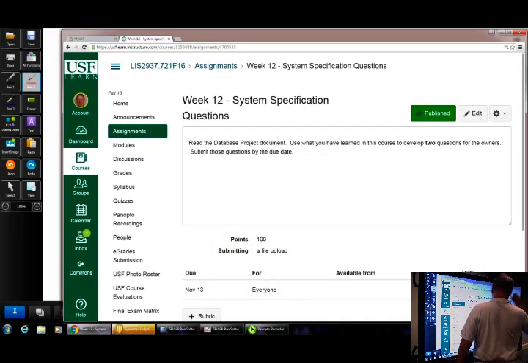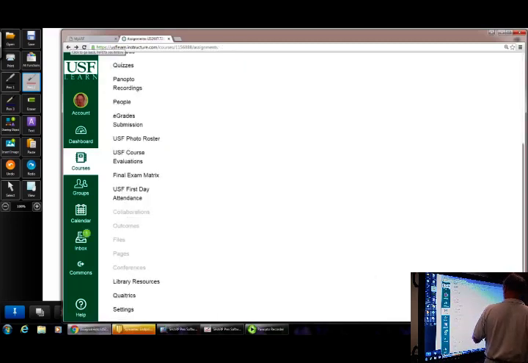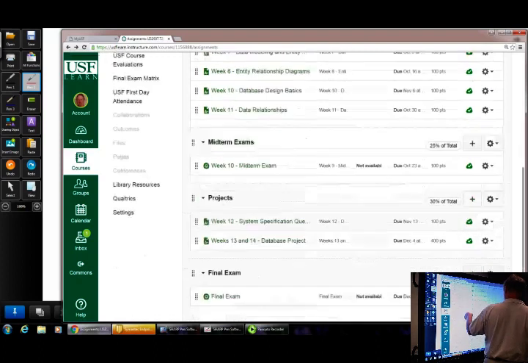All right, read. Oh, okay, yeah, I did change it. This is good. This is what I wanted. In a lot of the stuff we don't know yet, but we're going to read the database project document, which is down here.